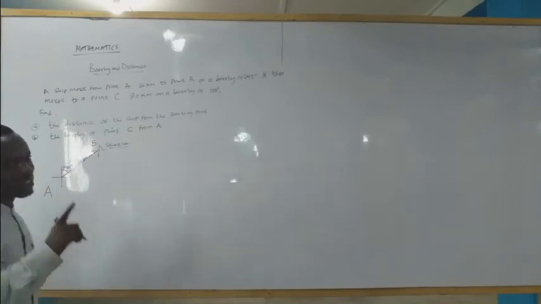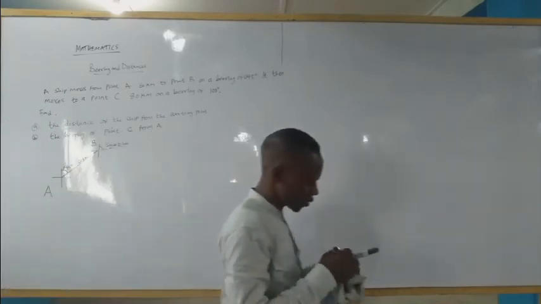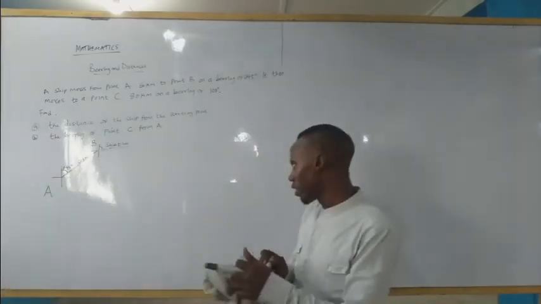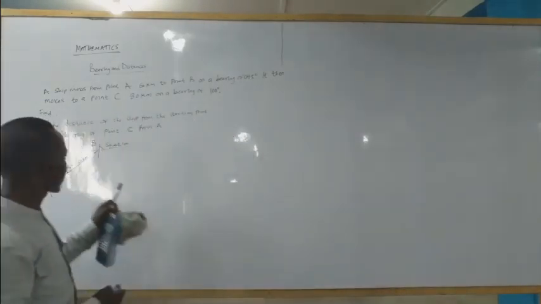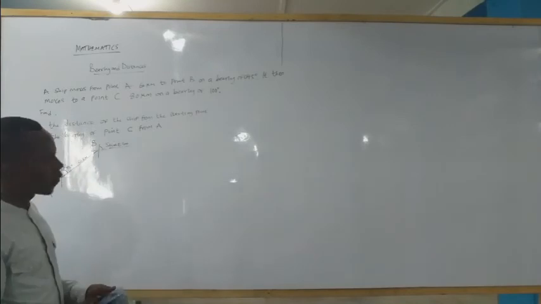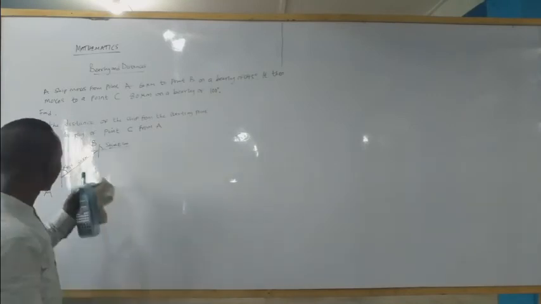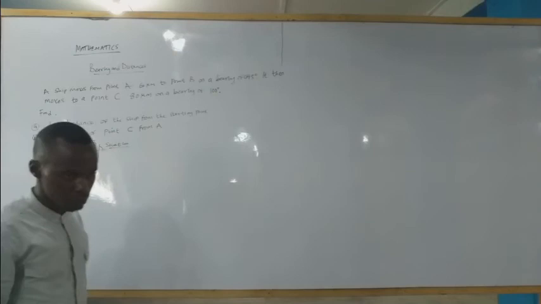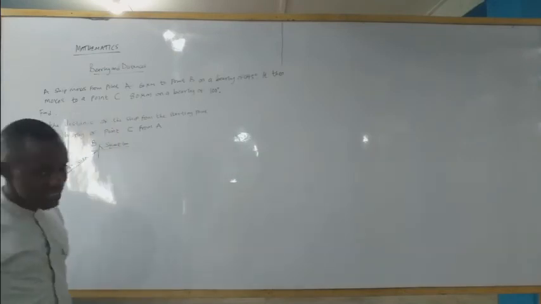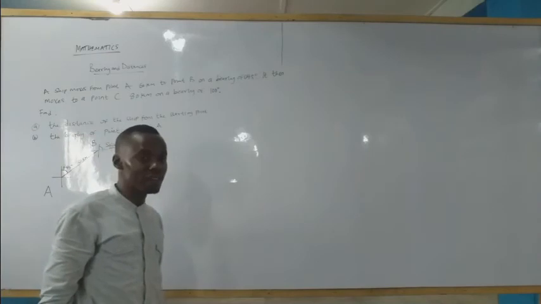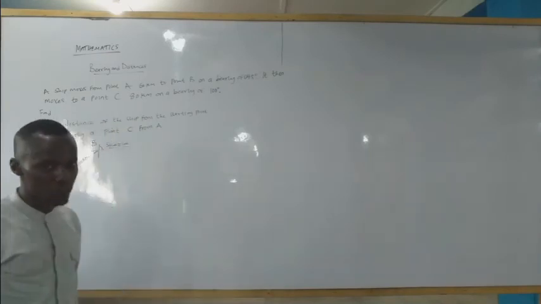Now there is another thing you have to note here. When you are solving bearing questions, it has to do with the triangle. So you must make sure that the distances are not on the same line if the distances are not equal.